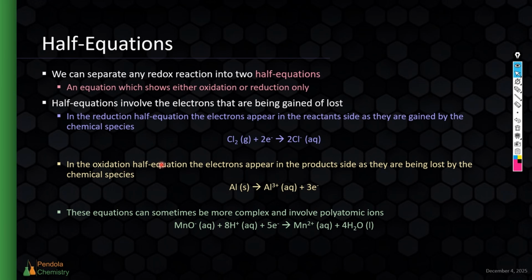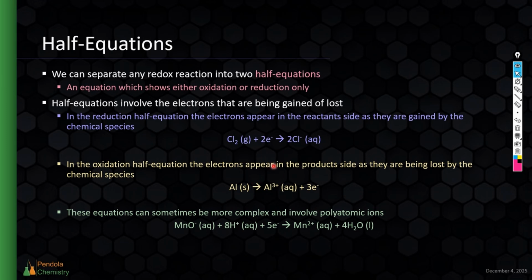The oxidation half equations are also going to show the half process of oxidation, but because it's oxidation, which is the loss of electrons, the electrons are going to be on the products side of the half equation or half reaction. Aluminum solid, for example, can lose 3 electrons, which are here in the products, to give an Al3+ or aluminum ion.